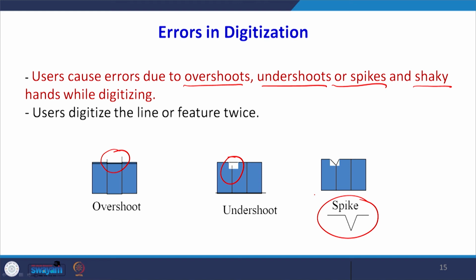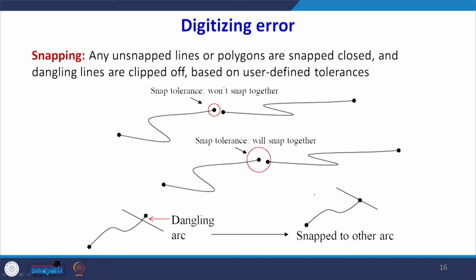So you have to remove that digitization error, whatever error could be present, and there are functions available. There is a function called the snapping function. There is a snap tolerance which you can define in the algorithm, and if there is a small gap within that snap tolerance distance, it will join it together.